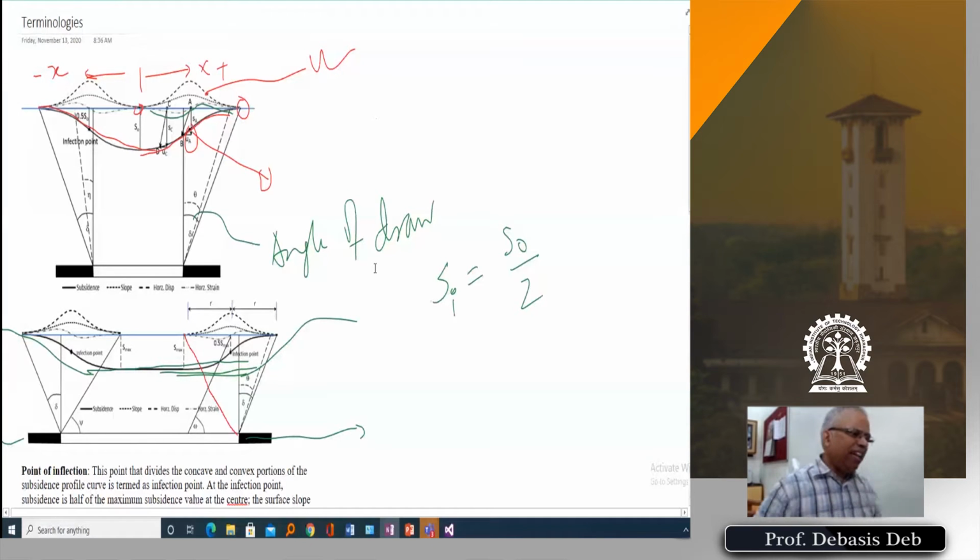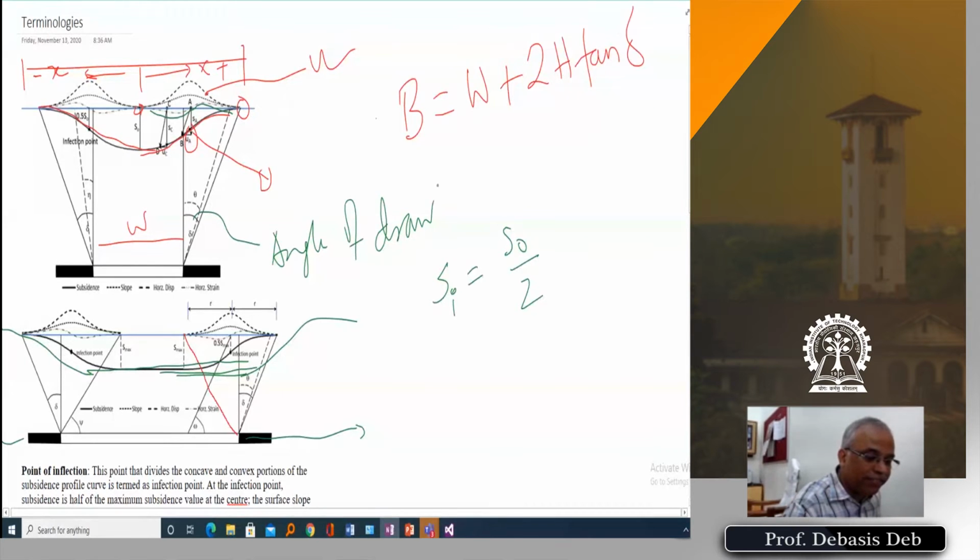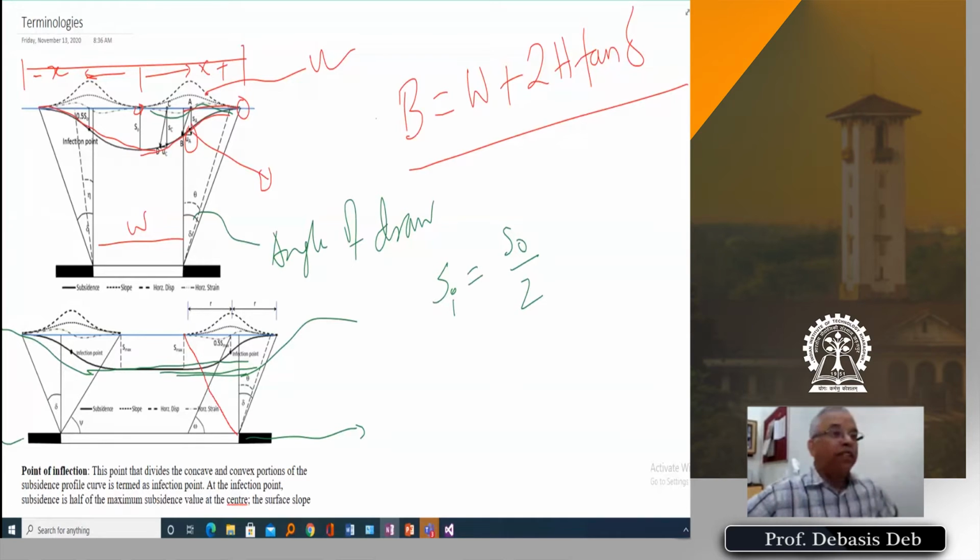This is normally 30 to 35 degrees. So even if the panel width is some W, the basin will be much bigger than W. We normally write the basin width as W plus 2H tan delta, because this is H tan delta, where H is the depth of the coal seam.